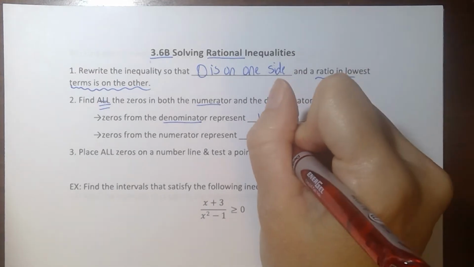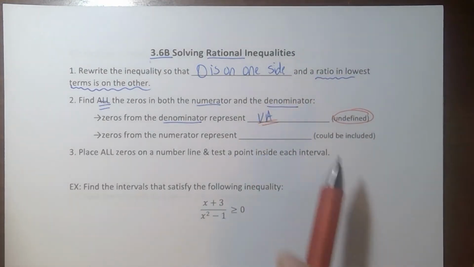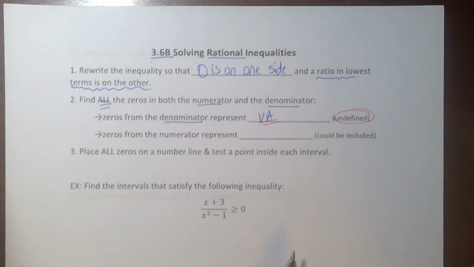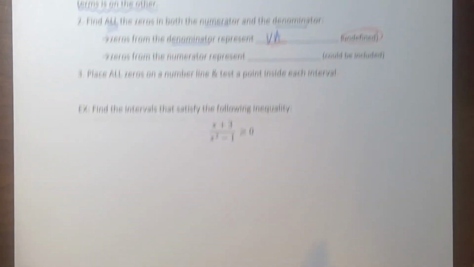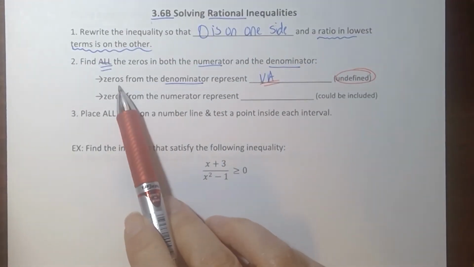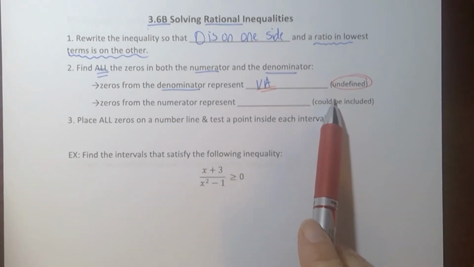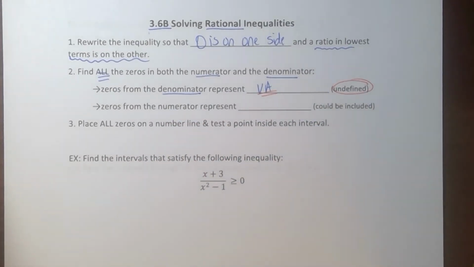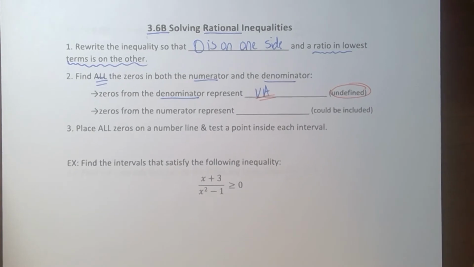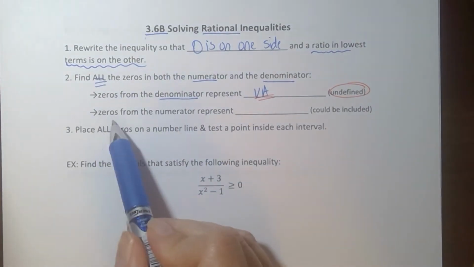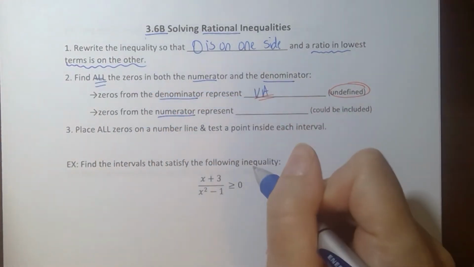So it doesn't matter whether my inequality symbol includes values of 0 or doesn't include values of 0 for these zeros. If they come from the denominator, they're places where the function is undefined, so the function can never be equal to that.